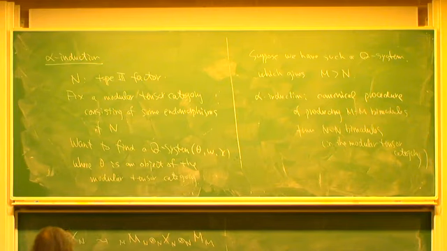Then we start with this one. From the left and from the right, we can tensor this M itself, but we make a tensor product only from one side.